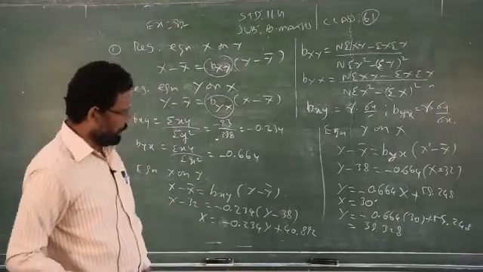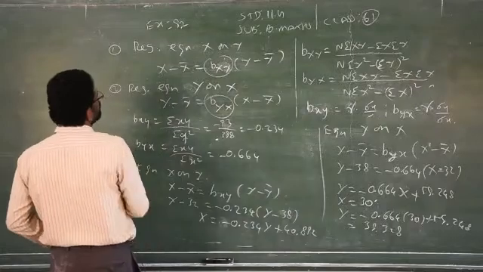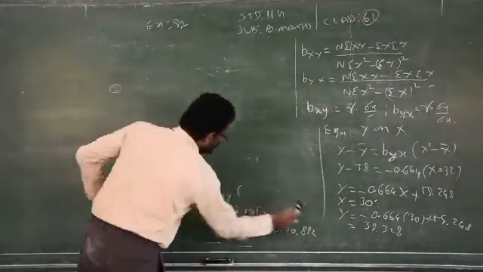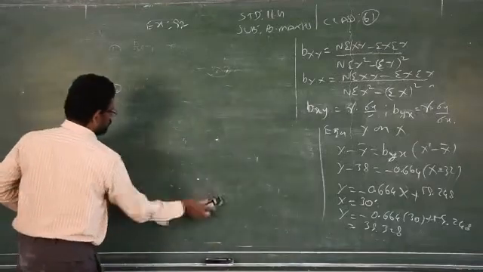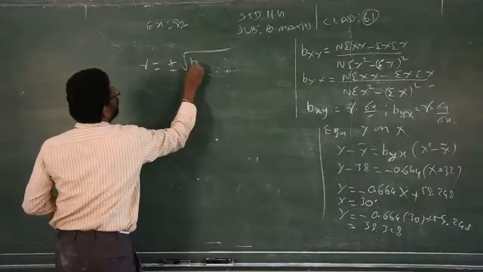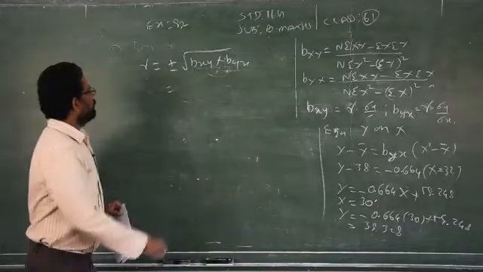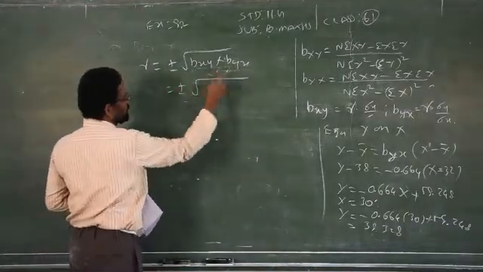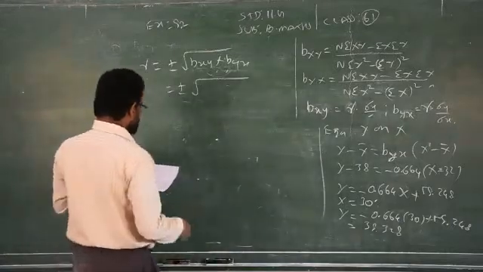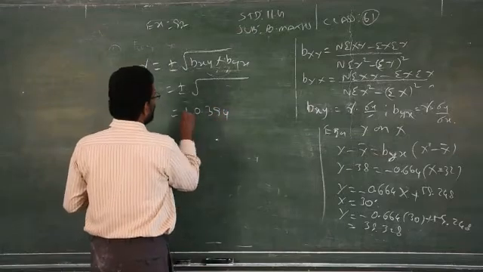So one more part remains, the correlation coefficient. To find the correlation coefficient, r is plus or minus square root of bxy into byx. So just replace the bxy answer and byx answer, take the square root, you will get the answer as 0.394.